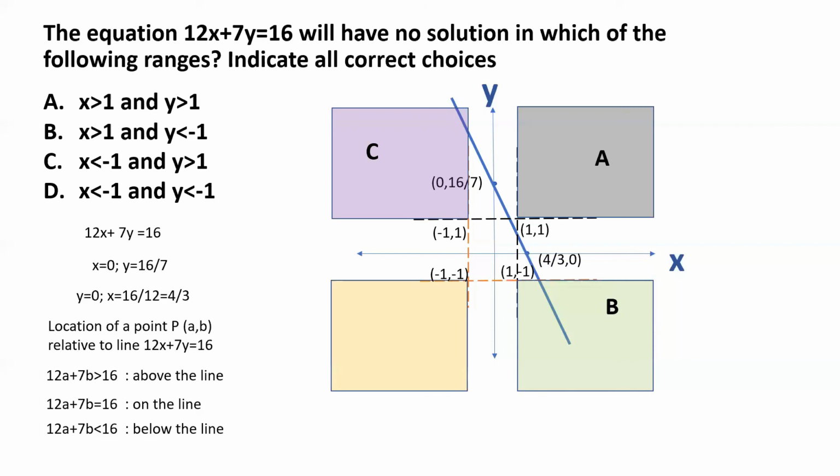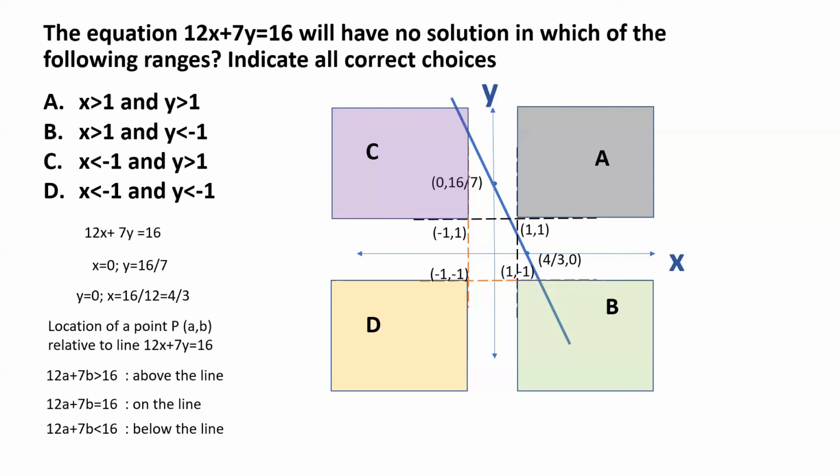That will be this orange rectangle over here. We can see that no portion of the line passes through this zone, zone D. So zone D will have no solution to this equation 12x plus 7y equal to 16.